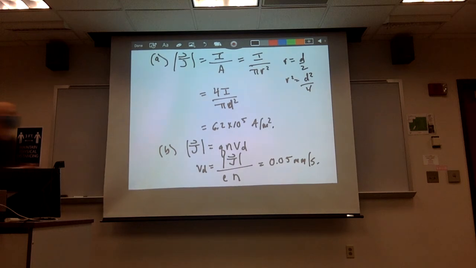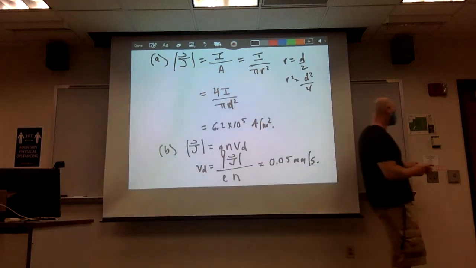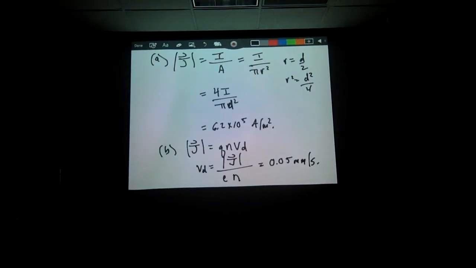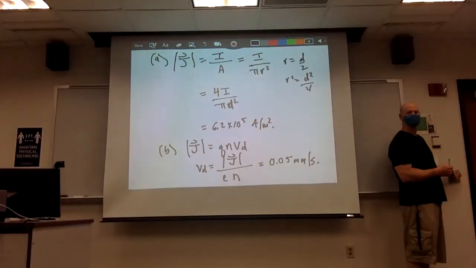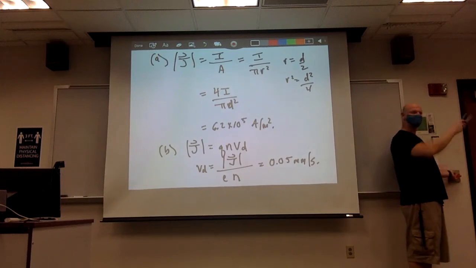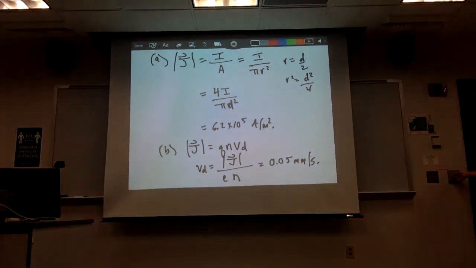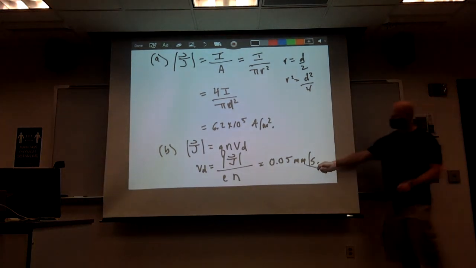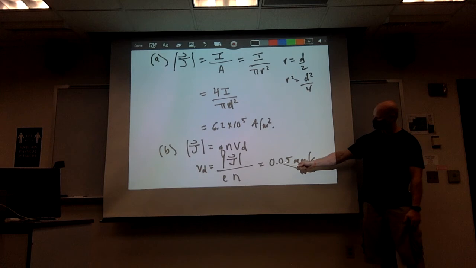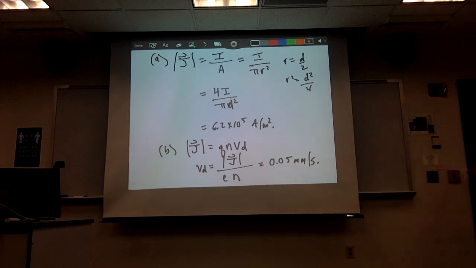Of course that begs a question: if I turn off the lights in here and turn them back on, the light would turn on instantaneously as soon as I flick my switch. But this is saying that in this copper wire, my electrons are only moving at 0.05 millimeters per second, which means that if this was about a meter from the light switch to the closest light, it would take about 5 hours for the electron to move all the way into the light.